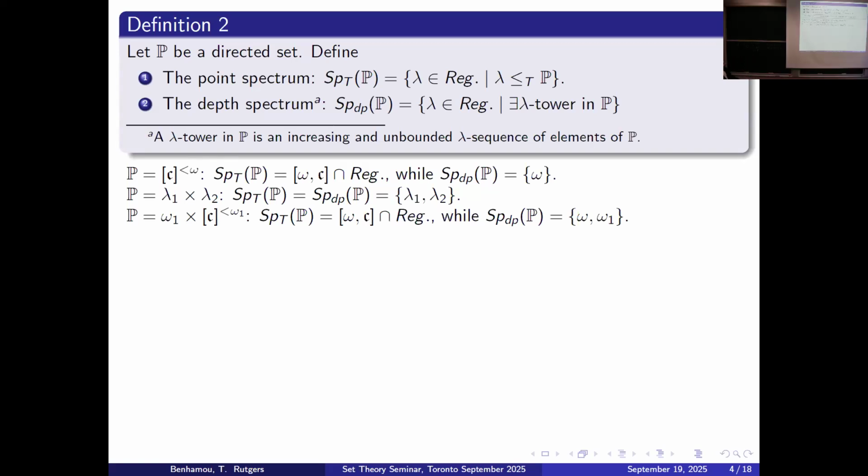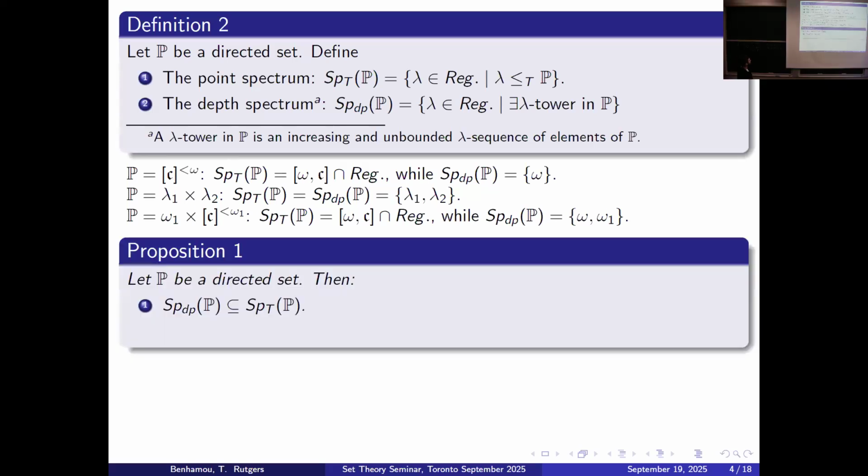So, for example, if you take that product, then this omega 1 gets absorbed in this interval, but you are adding omega 1 to the depth spectrum. Well, just some examples to see these notions in motion.